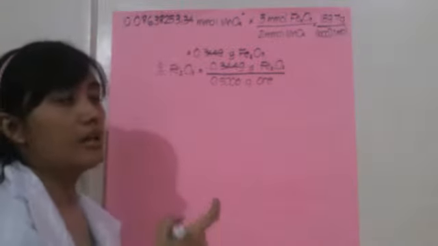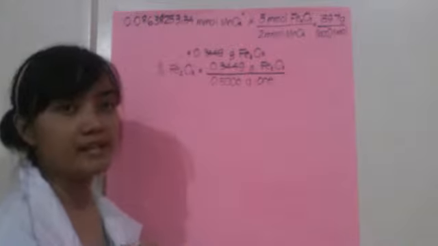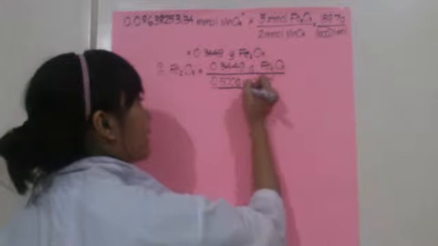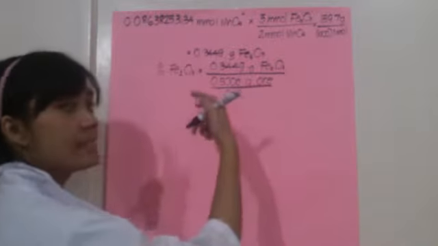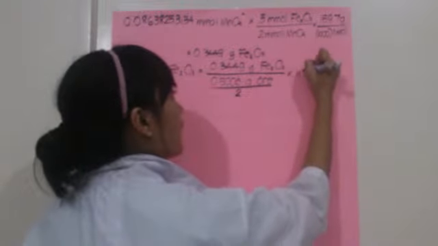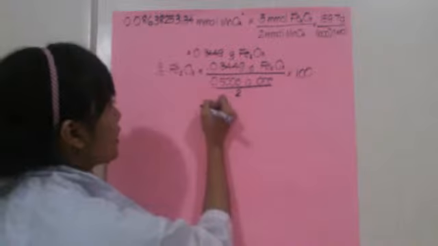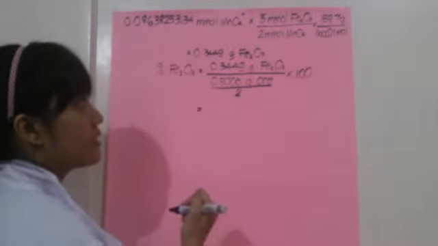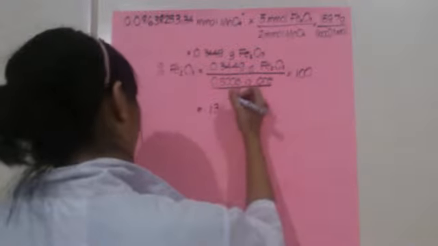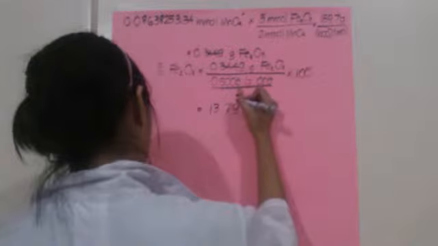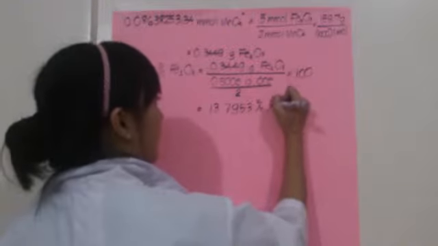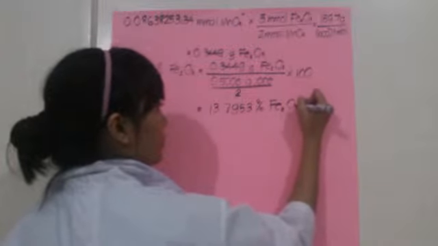And since this sample is divided into two equal parts, then we will divide this by two because it is only the second portion, and multiplied by 100 to get the percentage. Solving this, we can now get an answer of 13.7953% of Fe2O3.